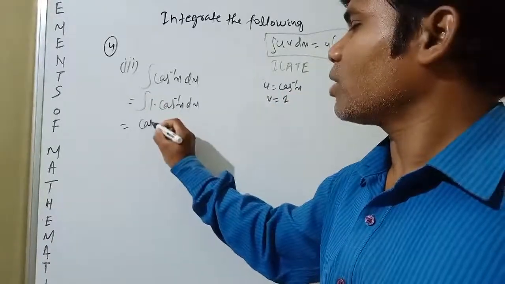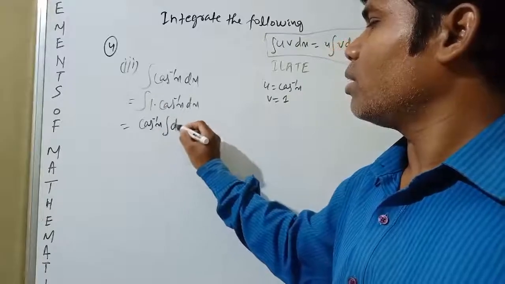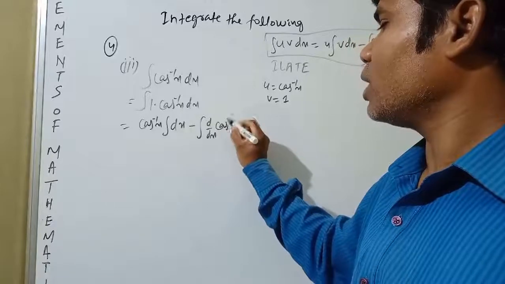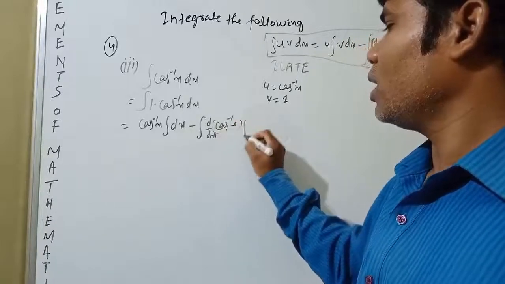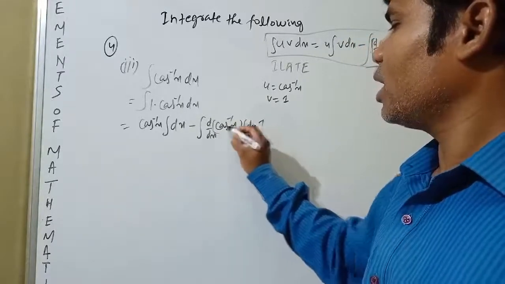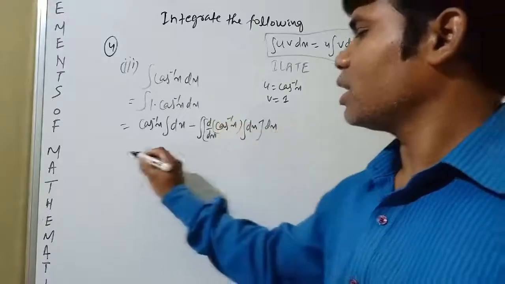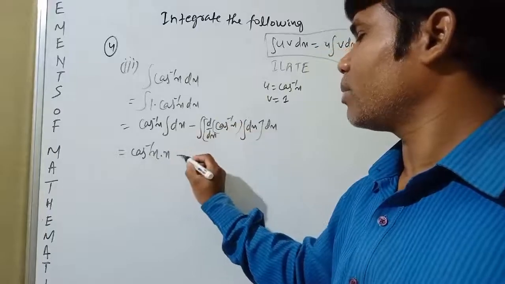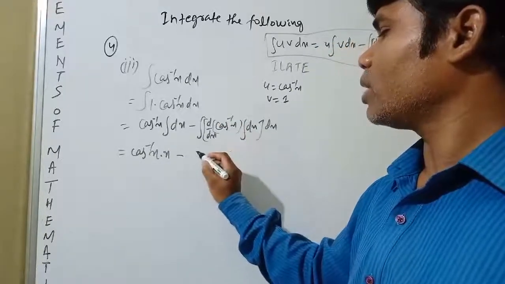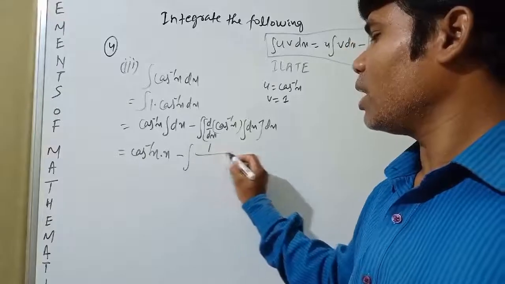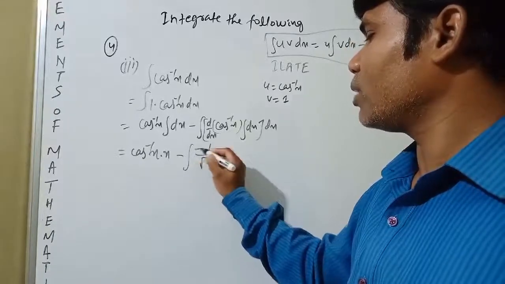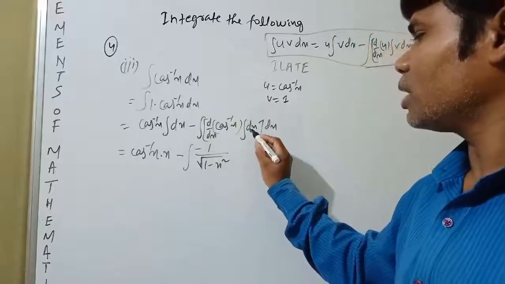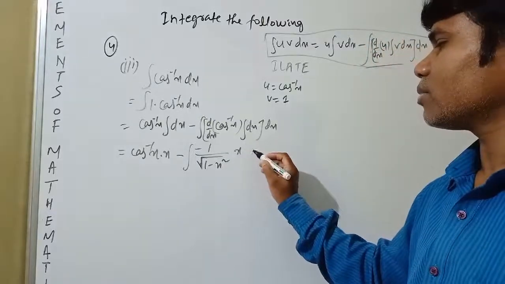That is cos inverse x times the integration of 1 dx, that is x, minus the integration of the derivative of cos inverse x times the integration of dx. The derivative of cos inverse x is minus 1 by root over 1 minus x square, and the integration of dx is x.